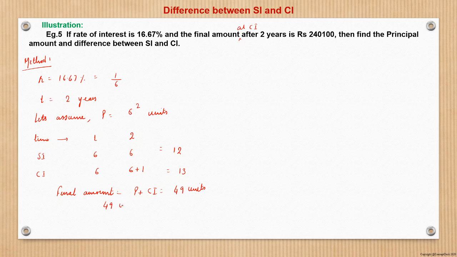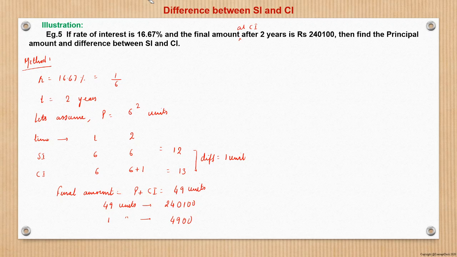So 49 units represents 2,40,100, and the difference between CI and SI is 1 unit. So 1 unit will be 2,40,100 upon 49. I think 49 square is 2401. So this becomes 4900. So the difference between CI and SI we directly obtained as 4900, right?